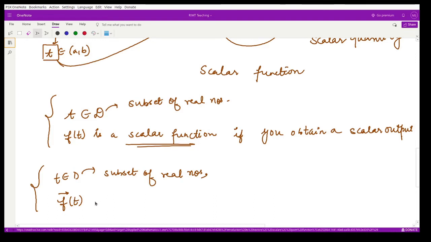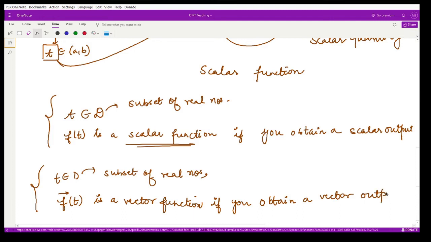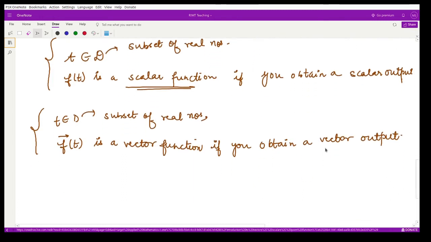Then this is a vector function if you obtain a vector output. So that means you have inputted a scalar, but now you are obtaining a vector output. So this is the vector function.